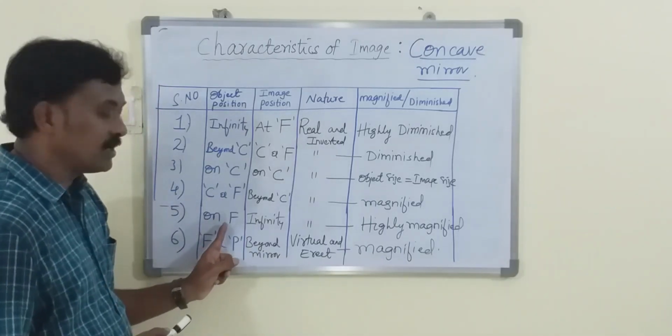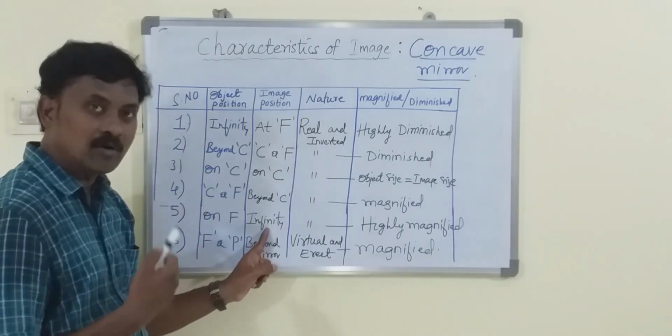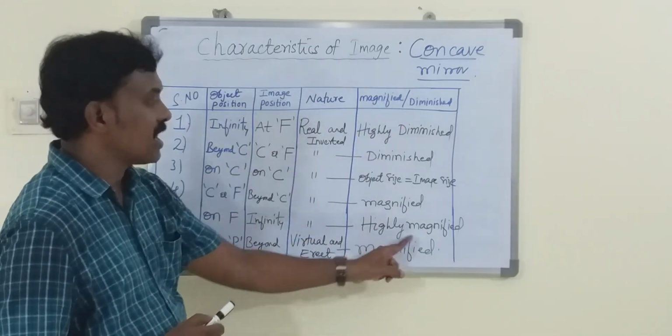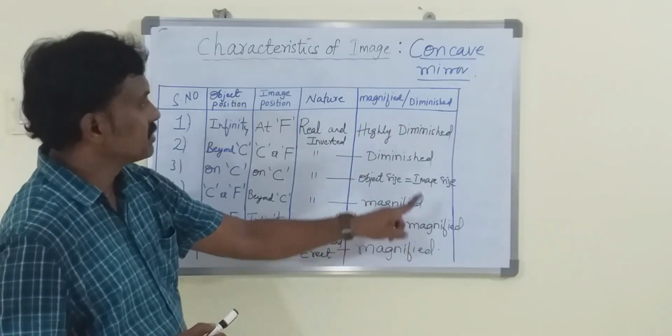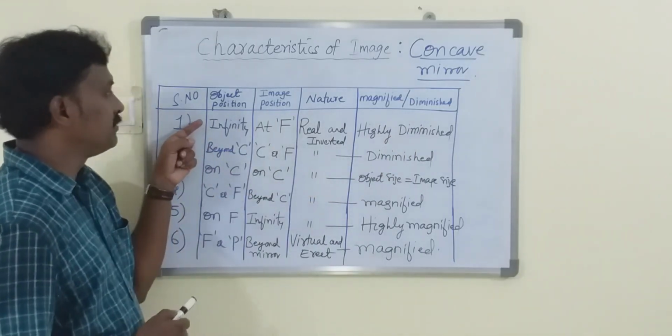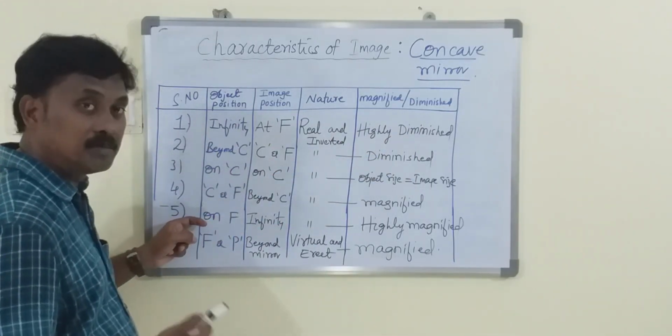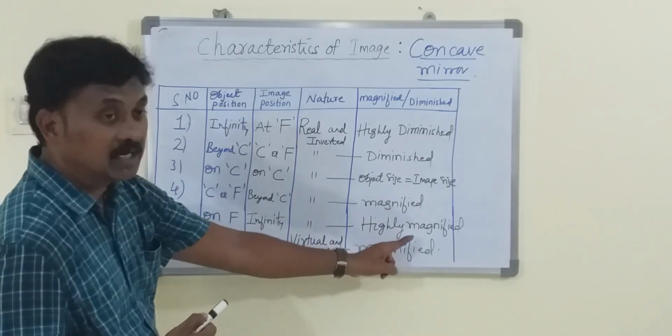And coming to on F, the image is formed at infinity, the nature is the same, but here it's highly magnified. Okay children, when the object is at infinity, we are getting highly diminished. But when the object is on F, we are getting highly magnified.